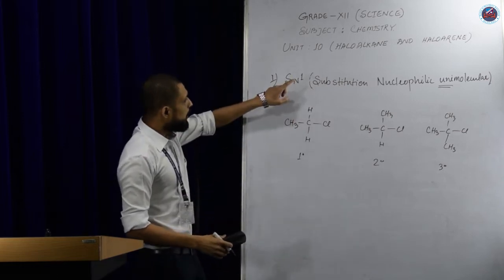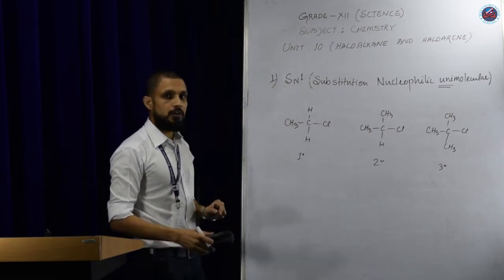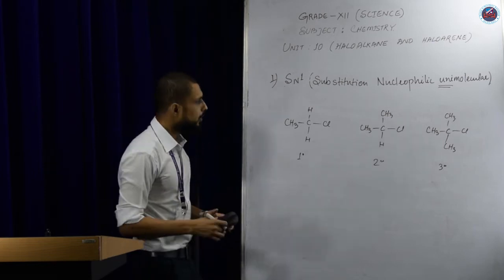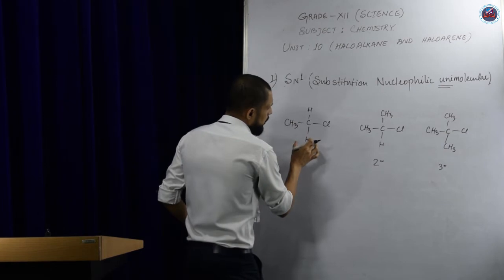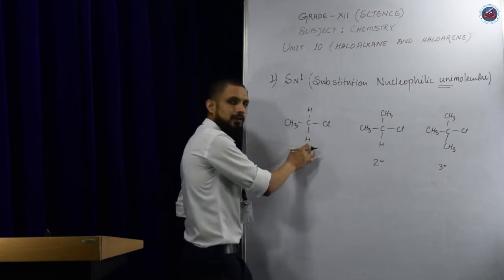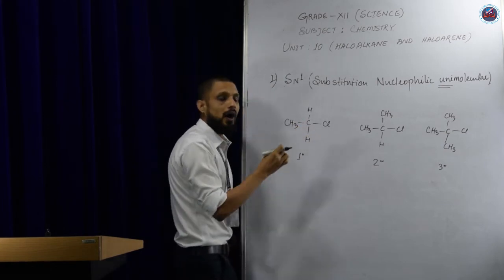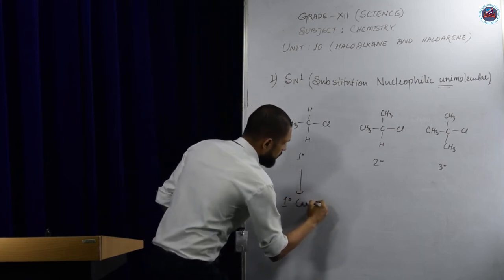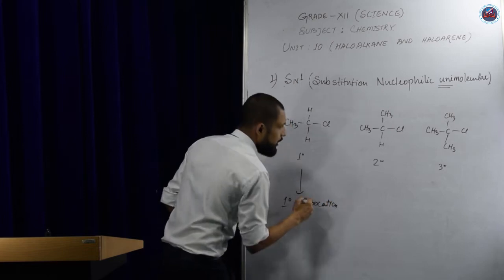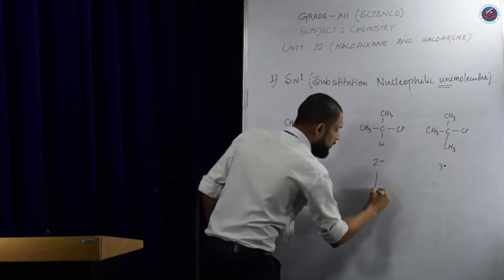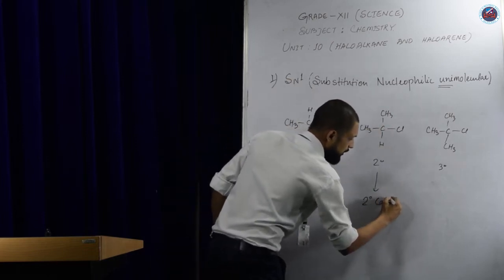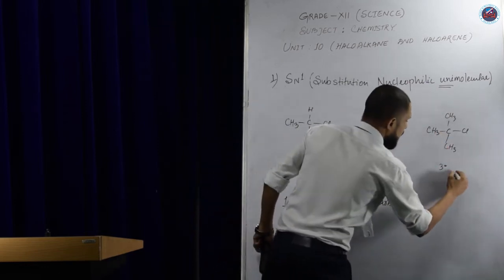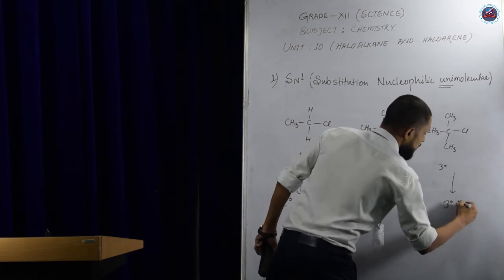SN1 mechanism involves formation of carbocation. If we take primary haloalkane, you'll get 1 degree carbocation from here. If you take secondary haloalkane, you'll get 2 degree carbocation. And if you take tertiary haloalkane, you'll get 3 degree carbocation.